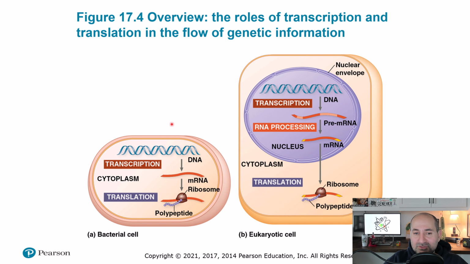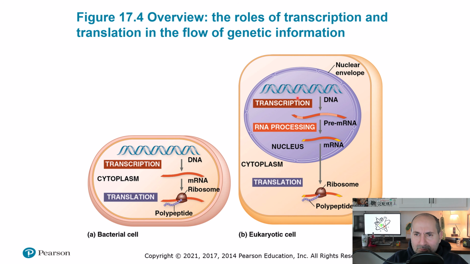And remember, there's a difference between how this occurs in prokaryotes versus eukaryotes. In prokaryotes, transcription occurs, and before transcription's even finished, translation can begin. So transcription and translation occur concurrently in the same place and the same time, that place being the cytoplasm.